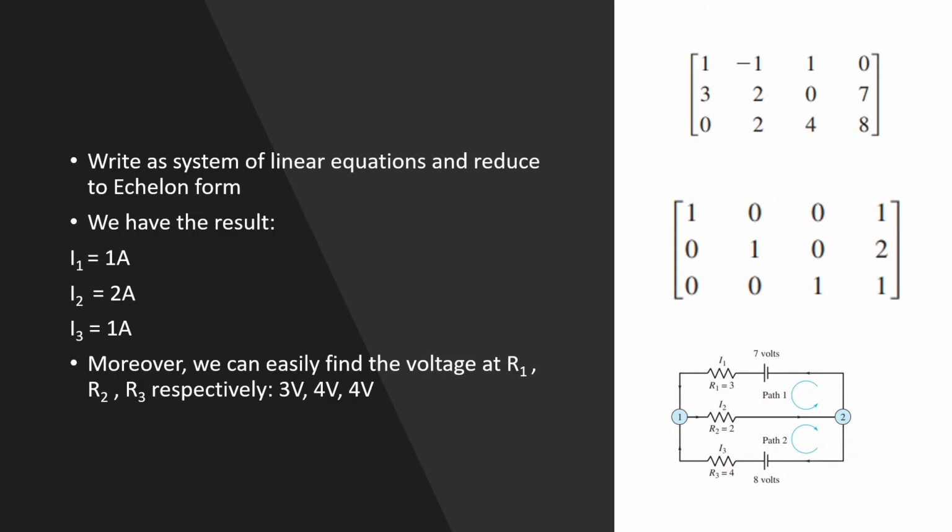So we can write a system of linear equations as a matrix, as you can see in the first picture, then reduce to echelon form, as you can see in the second picture, from which we can determine the three currents. I1 is equal to 1 ampere, I2 is equal to 2 ampere, and I3 is equal to 1 ampere.